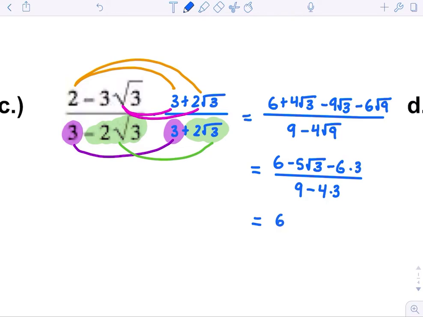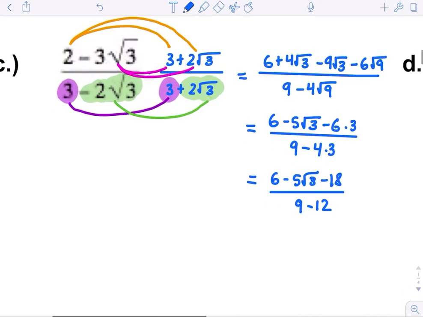Okay, so 6 minus 5 radical 3. 6 times 3 is negative 18. All over 9, minus 4 times 3, which is negative 12. And now 6 minus 18 is negative 12, minus 5 square root of 3.